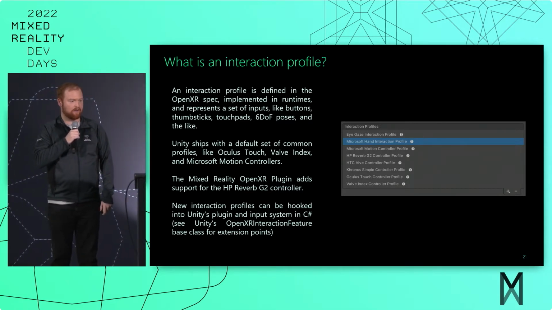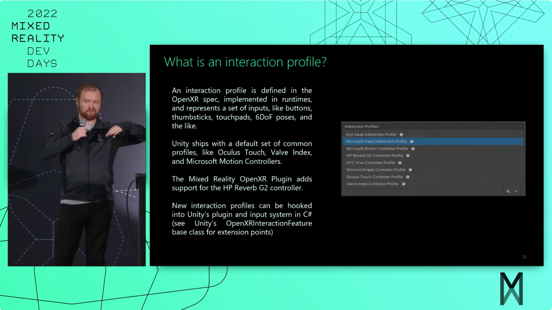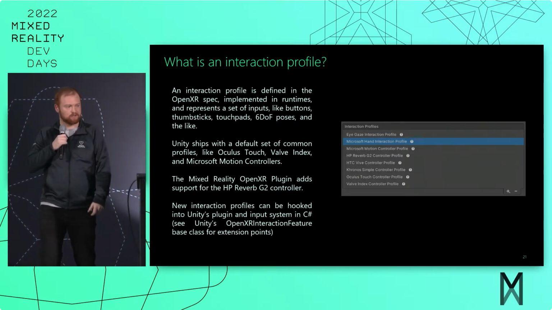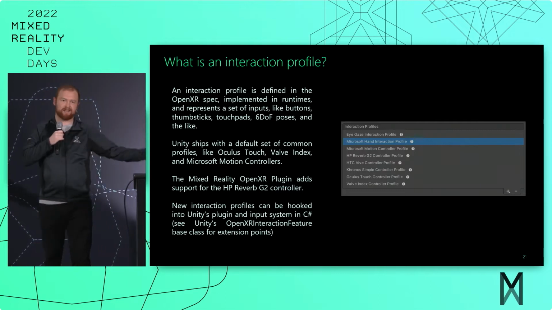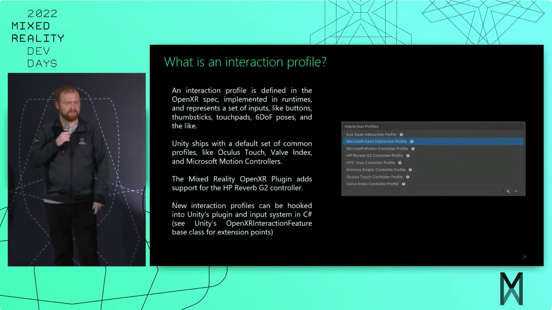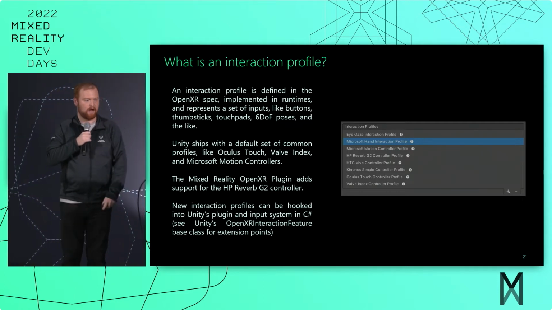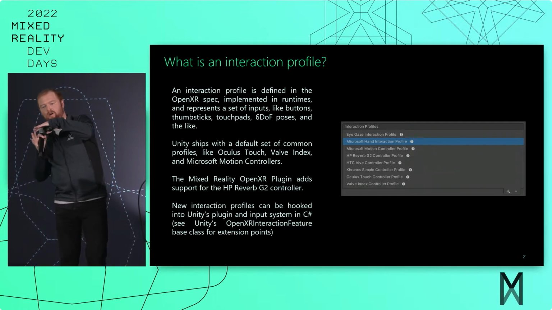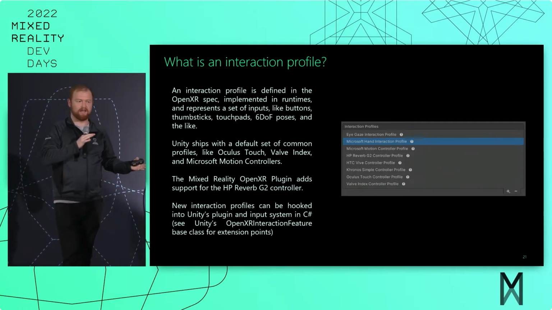These are well-defined pieces of hardware, like Oculus Touch, Valve Index, the Microsoft Motion controllers. Unity ships a handful of default ones in their package. We add one for the HP Reverb G2 controller in our package. And this is really the piece that helps bridge the gap between OpenXR interaction and the Unity input system, right?